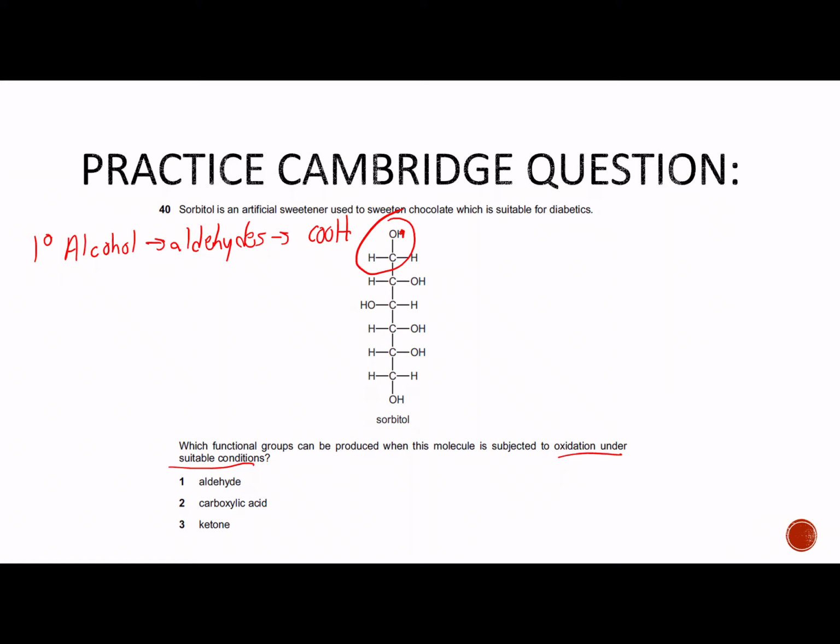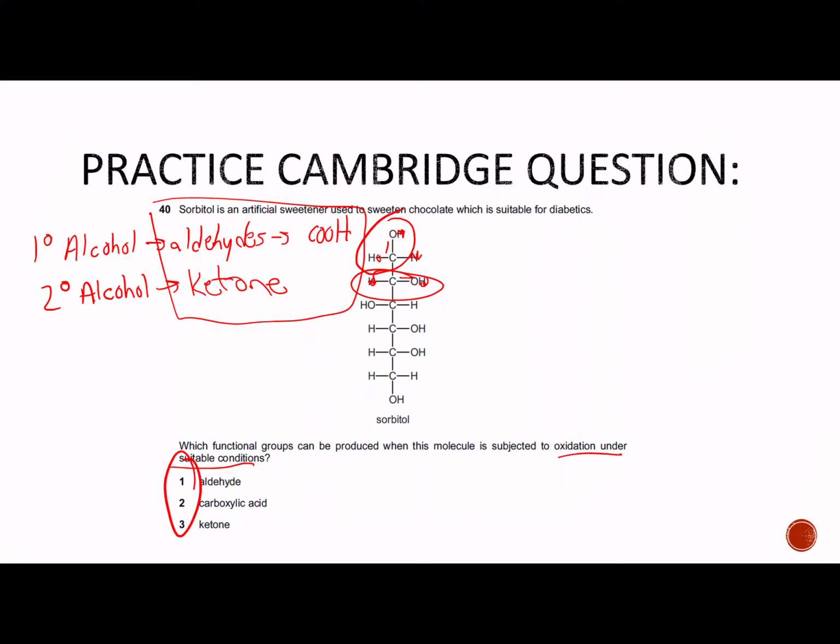Because you add the double bond oxygen, and then you add an oxygen there. Secondary alcohols, which you see right there, will give me a ketone. So I produce aldehydes, carboxylic acids, and ketones, and that would be the answer. So if you got that, you got it right.